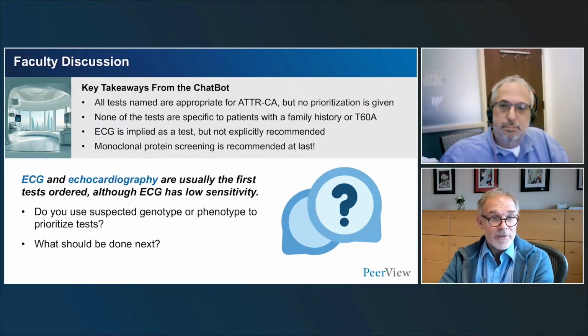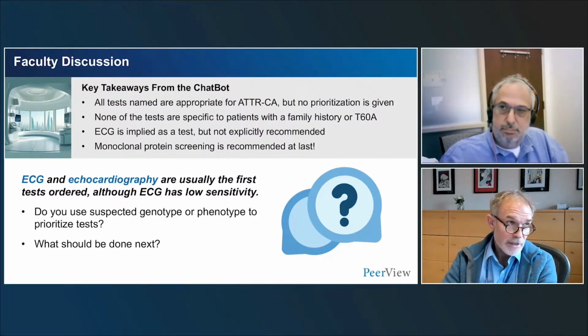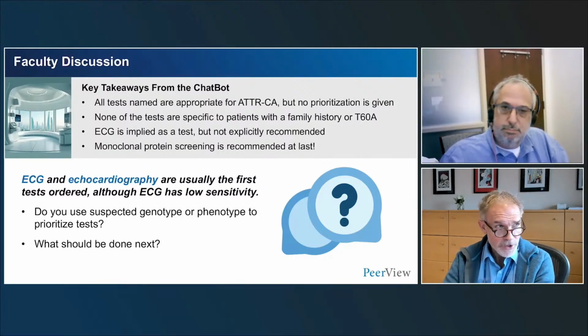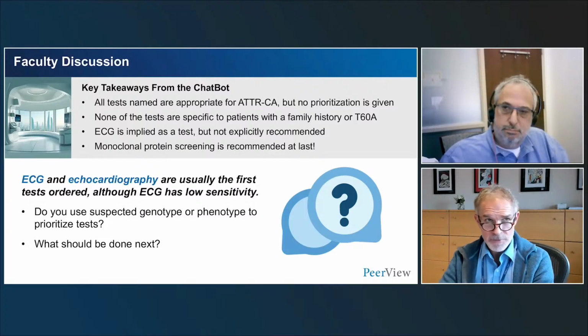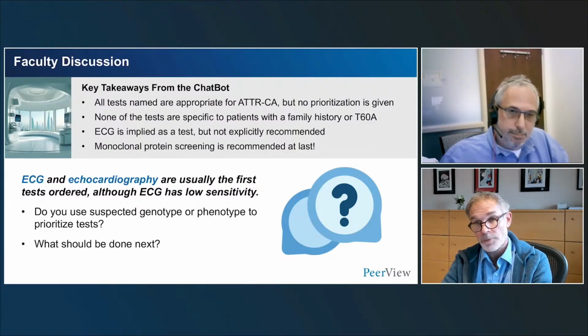And then the monoclonal protein screen, as we mentioned, is obviously important to exclude monoclonal protein. And the last aspect would really be to look hard for evidence of potentially subtle amyloid neuropathy, either autonomic neuropathy or peripheral neuropathy. So those would be the tests that we would do.